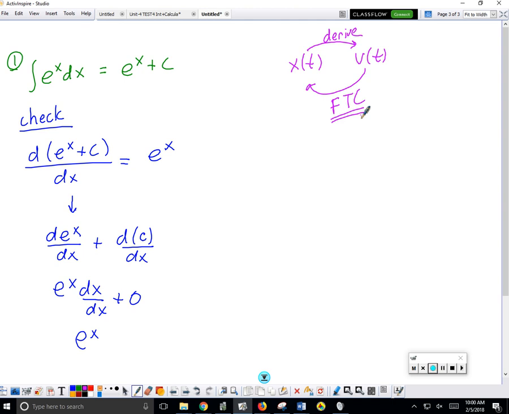Awesome. Here's another quick example. If we had e to the 3x, and we're trying to find the antiderivative, that's e to the ax plus b. The a is 3, the b is 0. Think of this as e raised to the 3x plus 0.